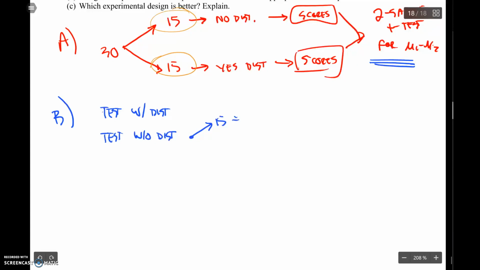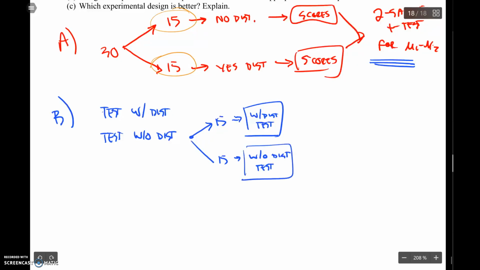So these ones I'm going to give the with distraction test first. These 15 I'm going to give the without distraction test first in each of my 2 classrooms, right? Then I'm going to have them switch classrooms, or I'm going to give them the without distraction test.